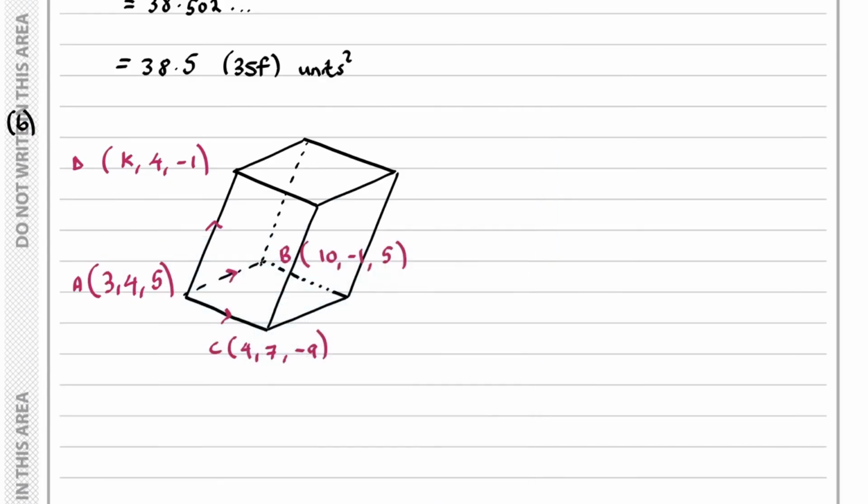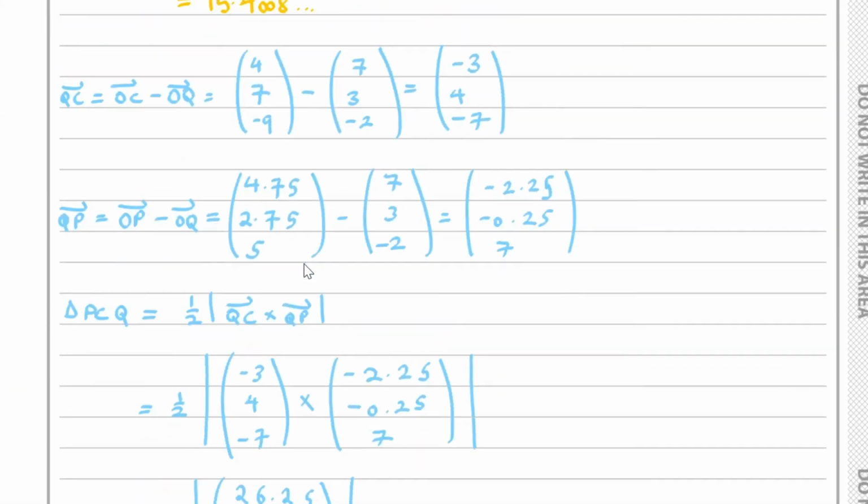Okay, so having drawn it, we've got A, B, C and D. We need to find the volume, and the volume is given by the magnitude of AD dot product with the cross product of AB and AC, and hopefully that makes sense from the diagram. So AB and AC, have we worked them out before?